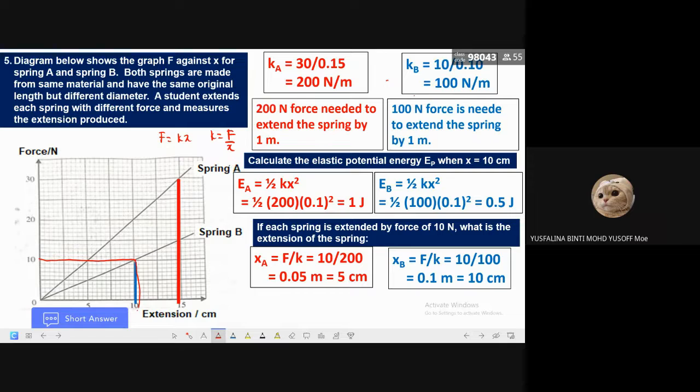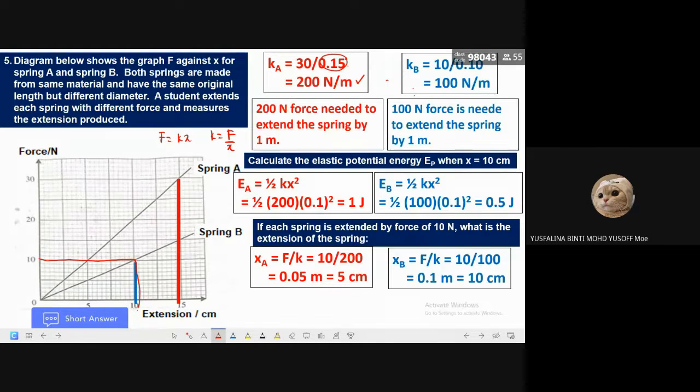But you can also find it directly from the area under the graph. So k is equal to F over x. Your F here is 30, for spring A. So for spring A, it is 30 divided by 0.5 cm. They already changed it to meter, so you will get 200 Newton per meter.